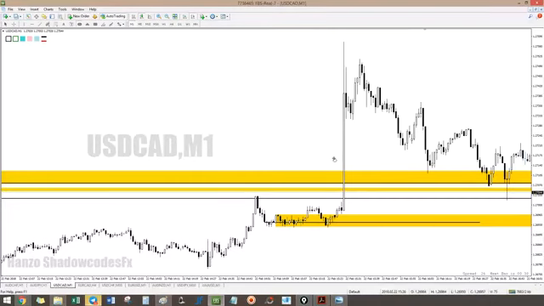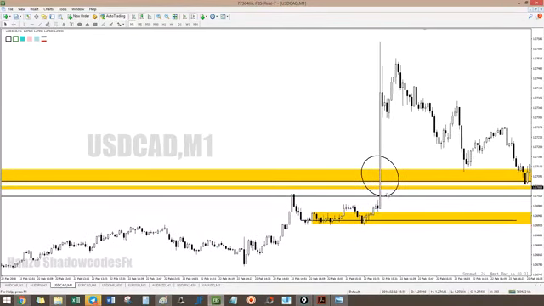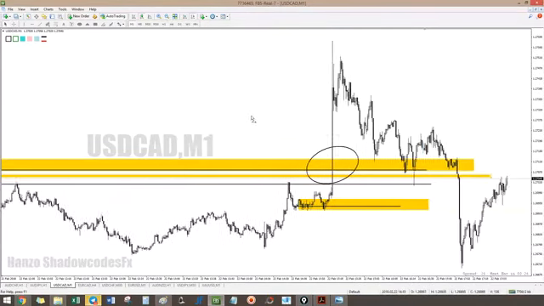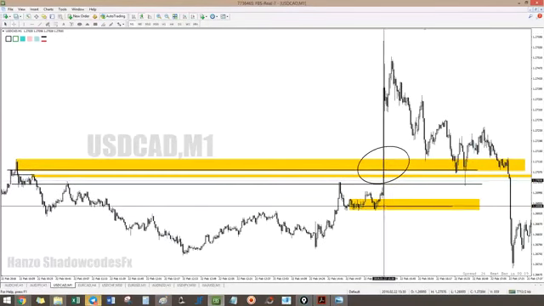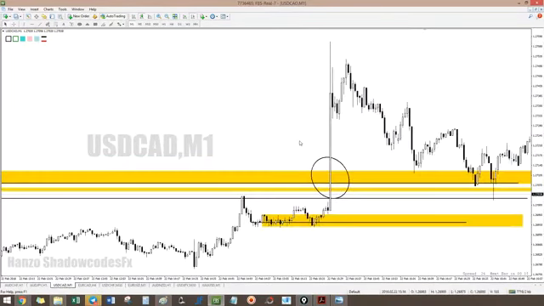If you do not wait for rejection, you will experience a stop loss, or you will float until up here, about 48 pips. Over here we got a rejection, so we trade it. We also got a rejection down here.